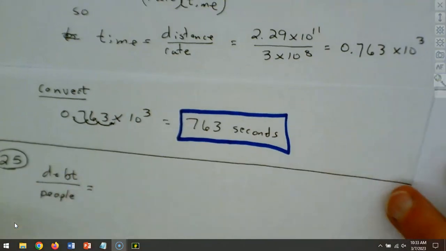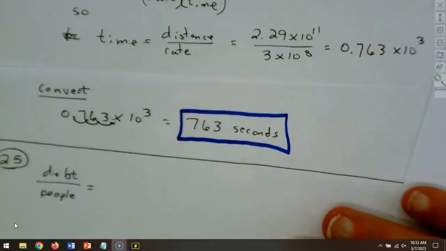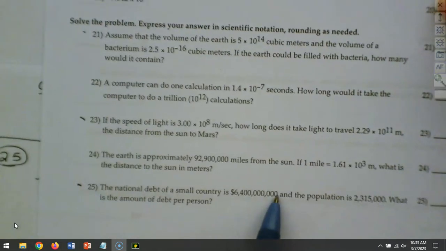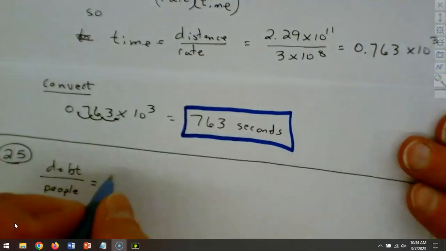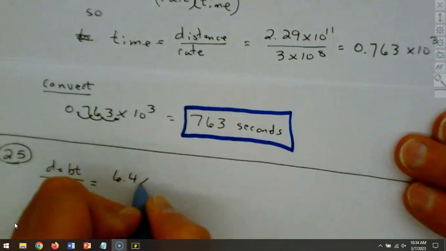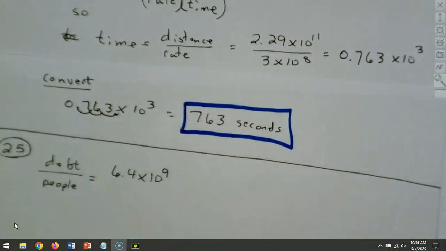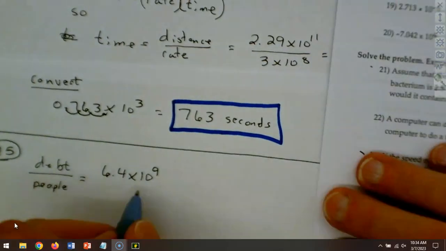So, what's our debt? Okay, and we got to make sure we write this. I'm going to rewrite this in scientific notation just to make it easier. So here we go. 3, 6, 9. So that's going to be 6.4 times 10 to the 9th, because we have to convert that. And how many people do we have?